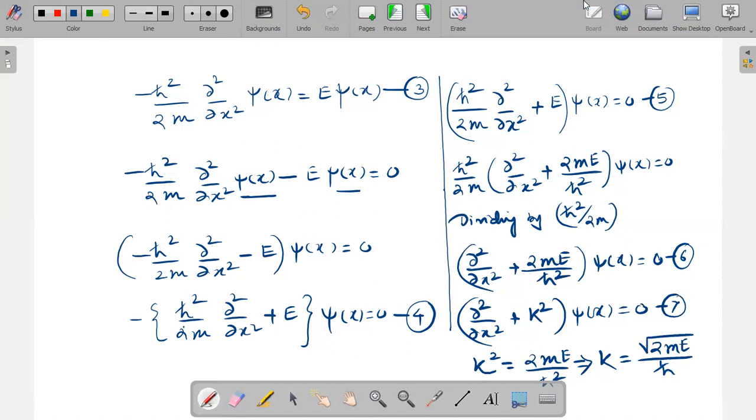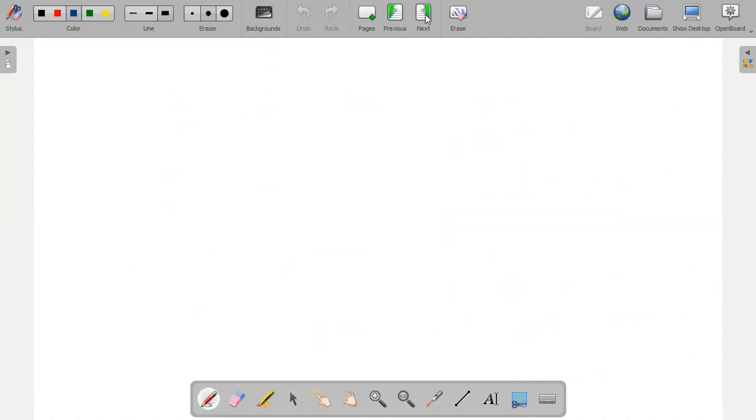Therefore, from this we can write the general solution of equation 1. The basic equation is minus h cross square upon 2m, delta square upon delta x square psi of x equal to E psi of x.